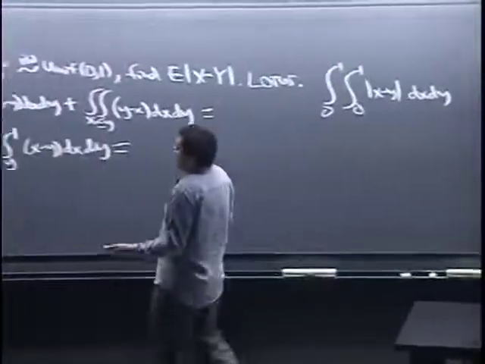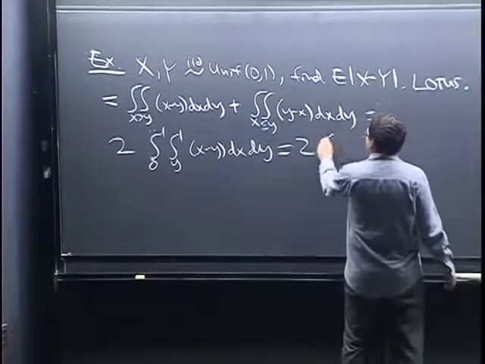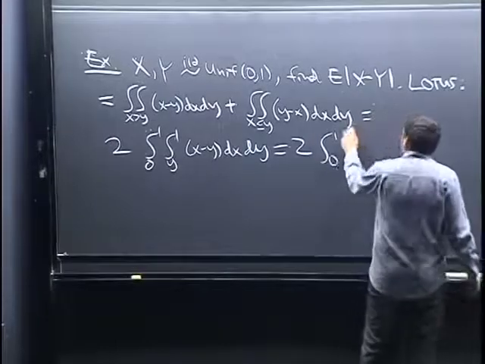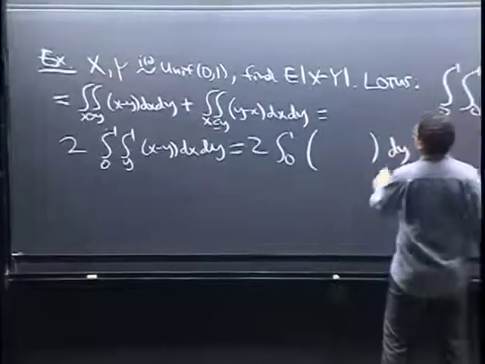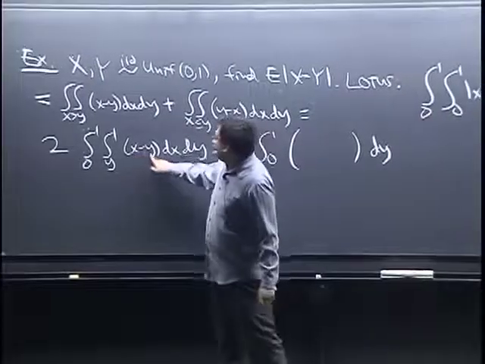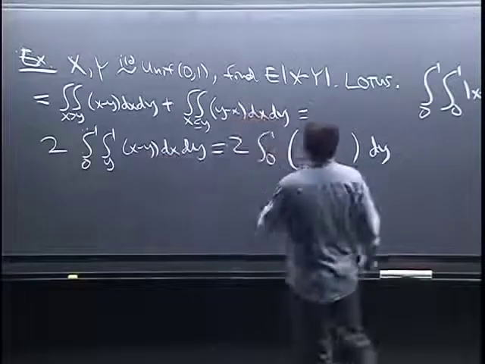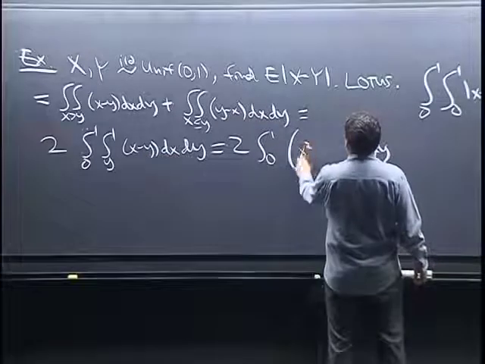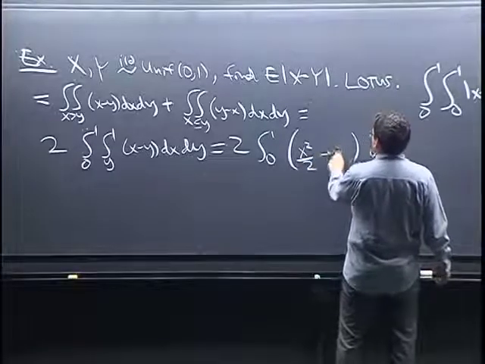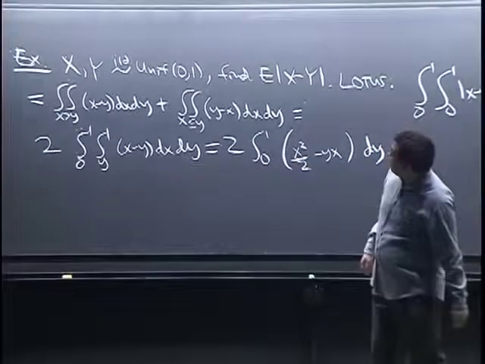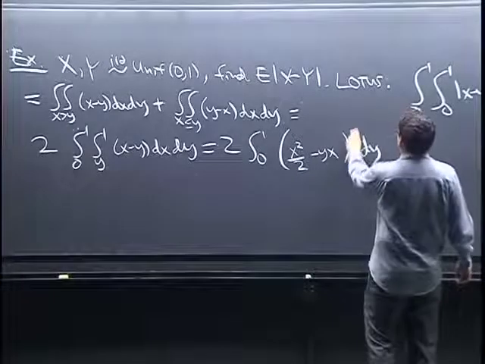Now this just says do 2 easy integrals. So it's the integral from 0 to 1 of this inner integral. I integrate x minus y dx, so I'm treating y as a constant. So I would just do x squared over 2 minus y times x, and then evaluate this from y to 1.